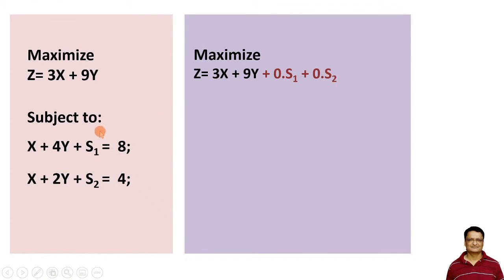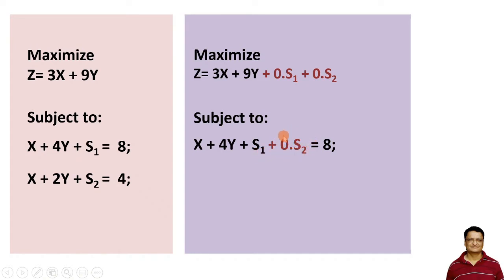Now let us modify this constraint a little bit so that it will be easy for us to fill up the simplex table. The initial part is the same, that is x plus 4y plus s1, and I'm going to add 0 into s2.